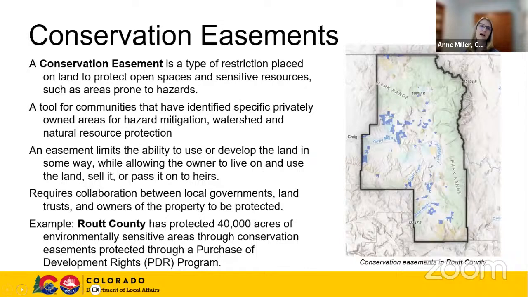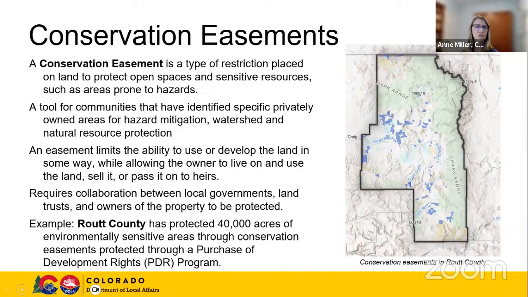Conservation easements. This is more of that partnership approach. So this tool really looks at putting some restrictions and protecting open space and sensitive areas that are often also prone to hazards. And sometimes it might be that stream corridor or forested area.